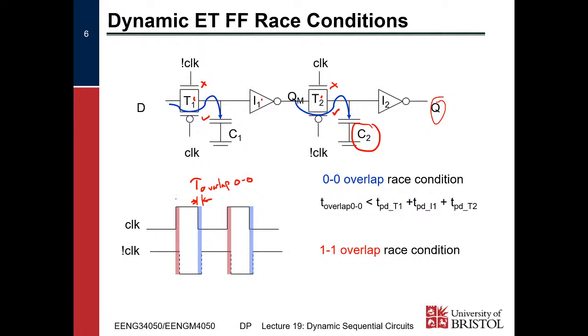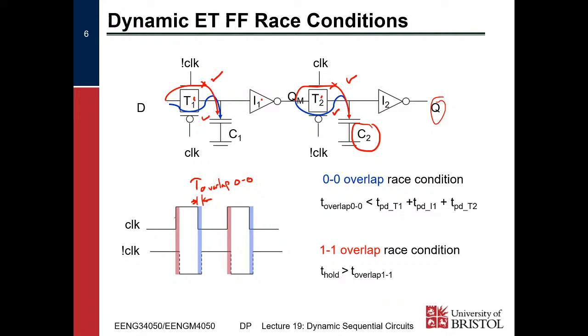We also have a 1, 1 condition, right? This transistor and this transistor can be on at this point, and so we have to guarantee that we hold our data.